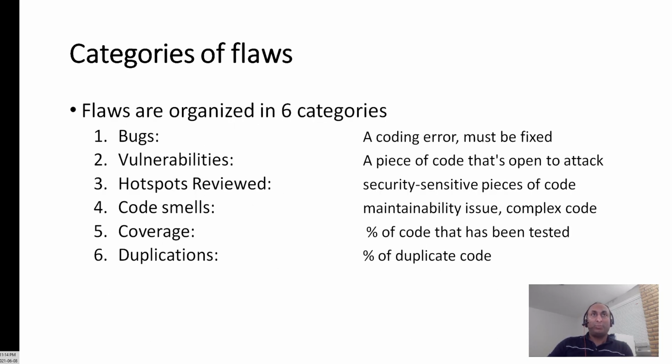When the flaws are reported to the SonarQube Server Web Portal, they are categorized into 4 different categories. And other than these 4 categories, there are 2 more statistics displayed on the portal. The flaws are categorized either into bugs. Bugs are those errors that SonarQube believes must be fixed. Vulnerabilities and hotspot reviewed are the security loopholes identified in the source code.